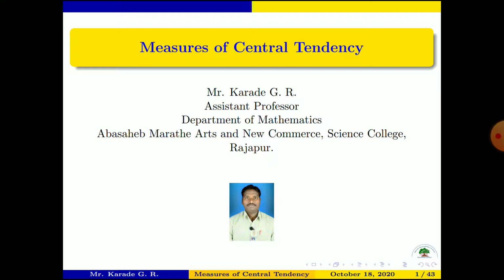In this lecture, we learn about measures of central tendency. There are many measures to measure the central tendency of the given data. In this lecture, we study the measure percentile of the data.